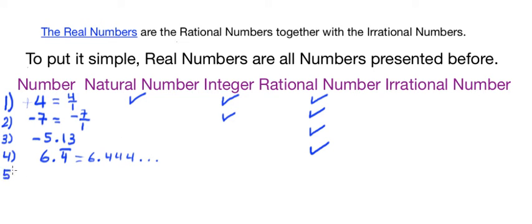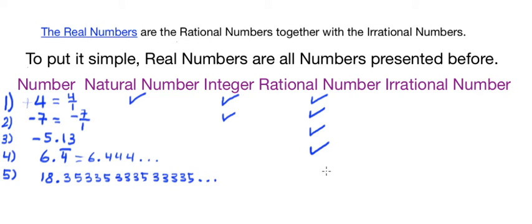Okay, number 5, let's take a look at this number, 18.35, 335, 3335, 33335, and so on. This number is not a natural number, it's not an integer.